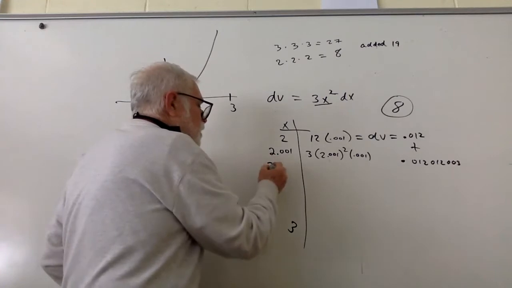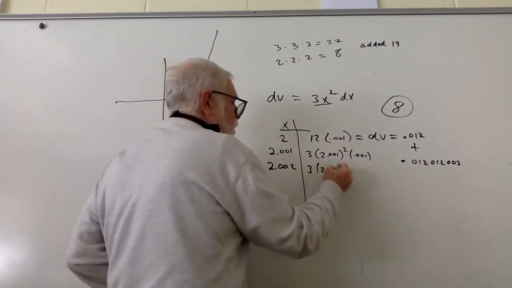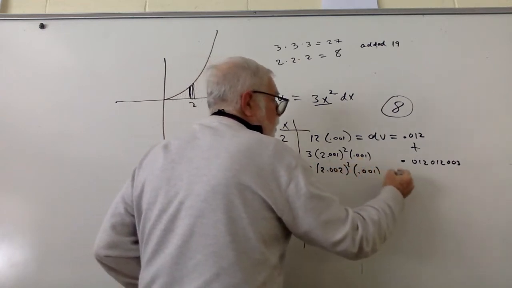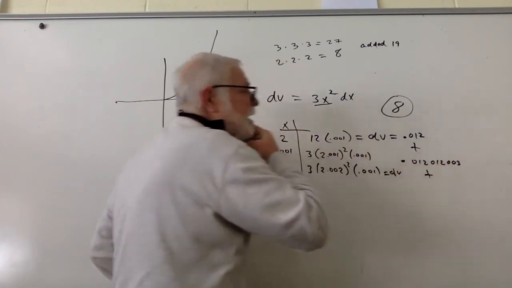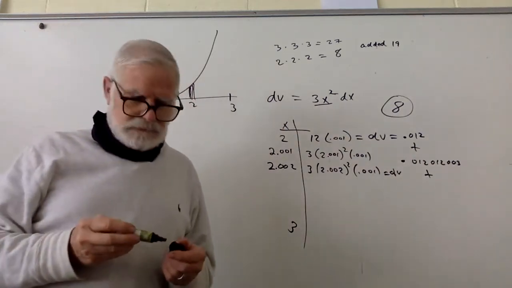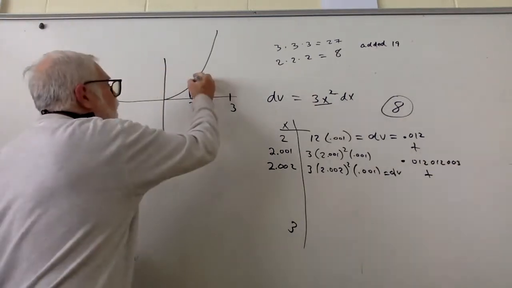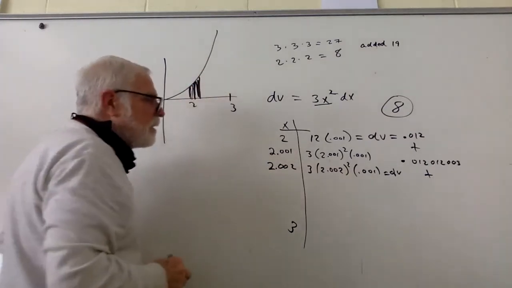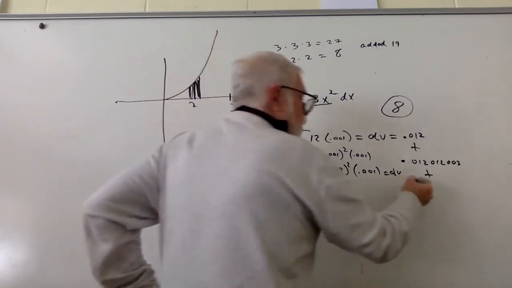Maybe you want to look at 2.002, and then you do 3 times 2.002 squared times 0.001, and we add another. That's another dV, by the way, that we're adding, right? Adding. You know what adding reminds me of? A symbol for addition that we've been working with. Of course, each time I do this, I'm adding another layer of volume. That one was 0.012024.